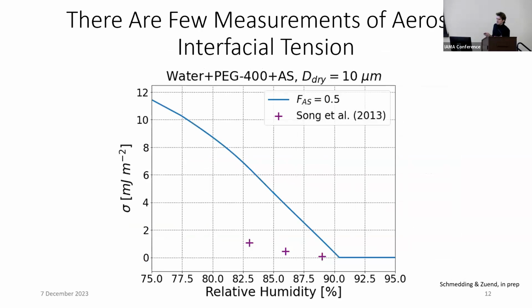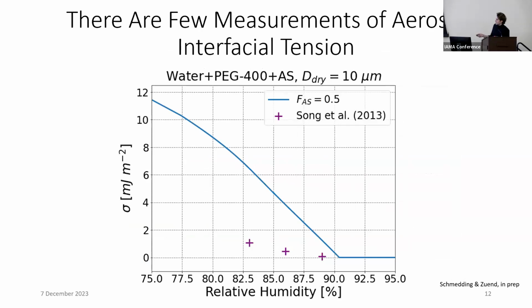If measuring surface tension is difficult, measuring interfacial tension is even more difficult. So there's really not a lot of information on this for aerosol particles. There was one study from 2013 that looked at this, but they only gave 3 data points and didn't give uncertainty for what the interfacial tension value is. So this blue curve is for the Girifalco-Good equation.